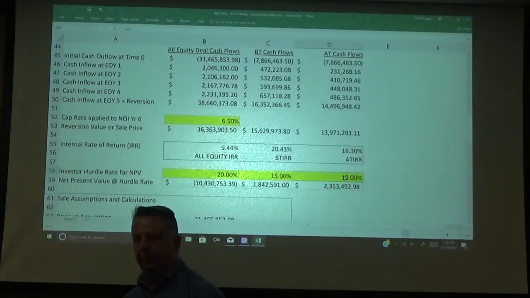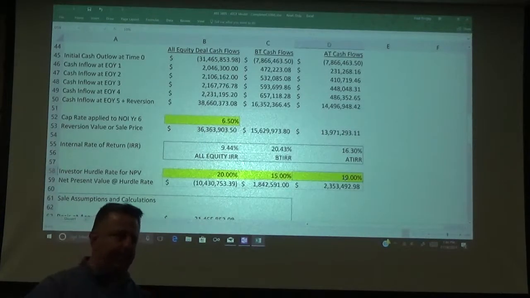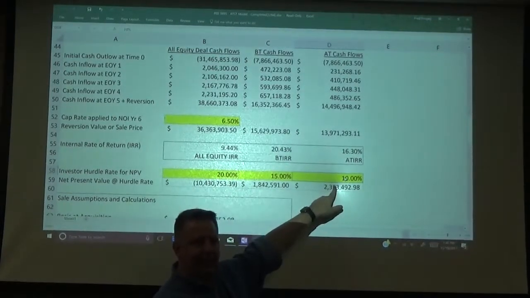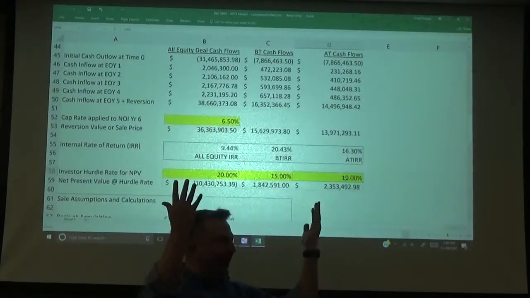What would I have to do? Okay, let me make sure I'm being very clear. I want this number here to be $500,000. How do I get it to be $500,000? Make the hurdle rate higher. Yes, make the hurdle rate higher.